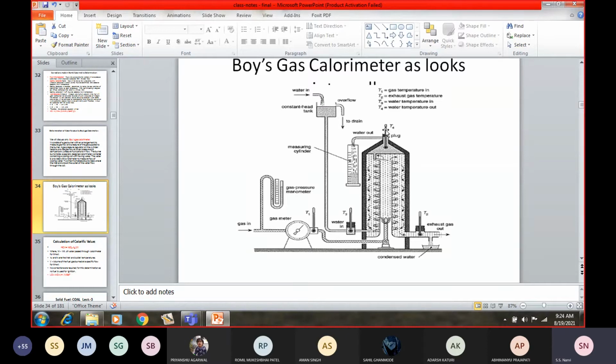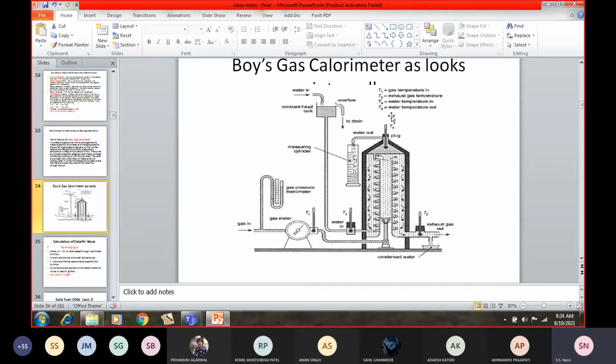When a constant T4 is attained, what does it mean? It means that whatever heat was to be absorbed by the material of the calorimeter has already been absorbed. So T4 is not changing. After attaining a constant T4, how can T4 change?